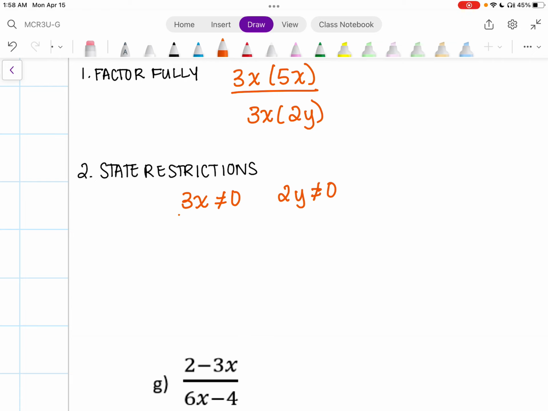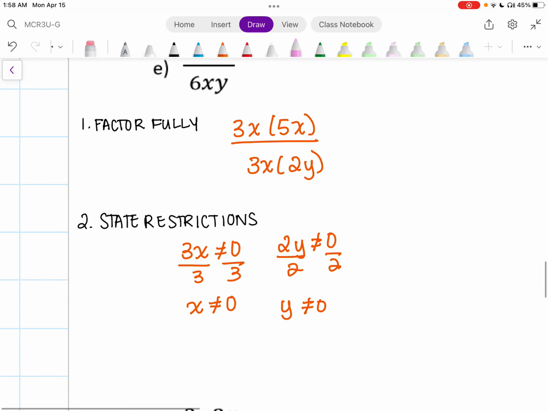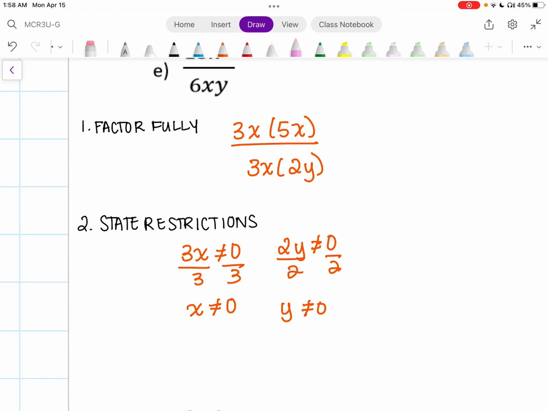If we isolate, x cannot equal 0, isolate again, y cannot equal 0. So those are two restrictions.